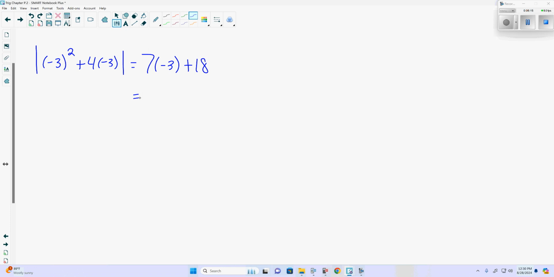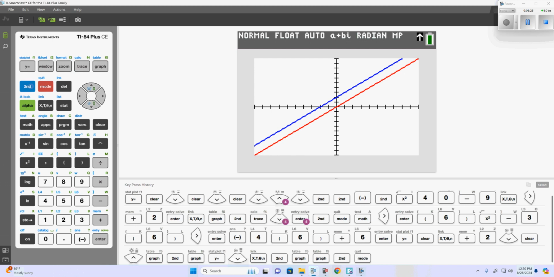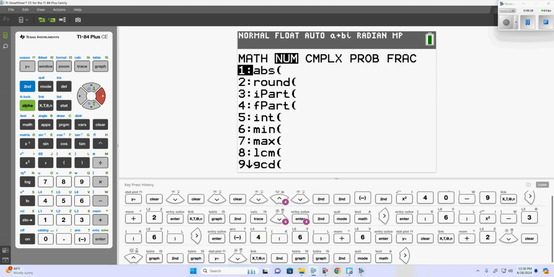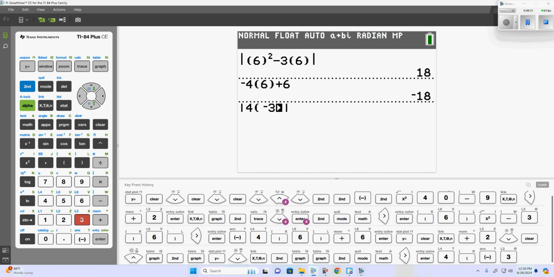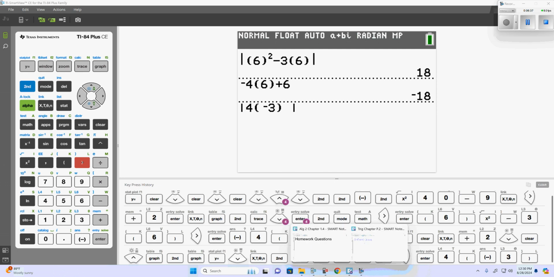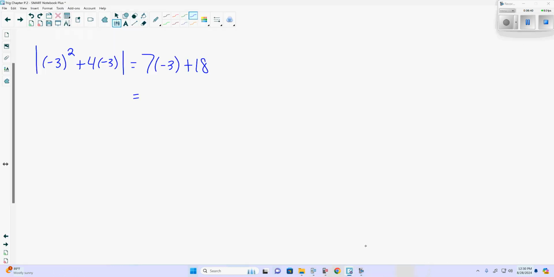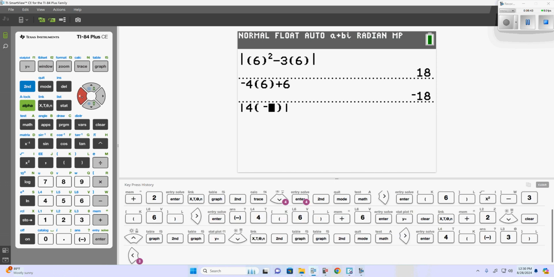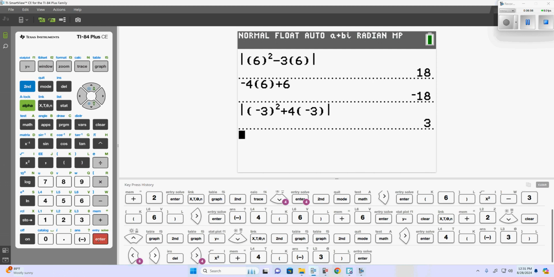So I can show you this here with the graphing calculator, because we can go math over 1 and get the absolute value. It's negative 3 squared plus 4 times negative 3. And that gives us 3.